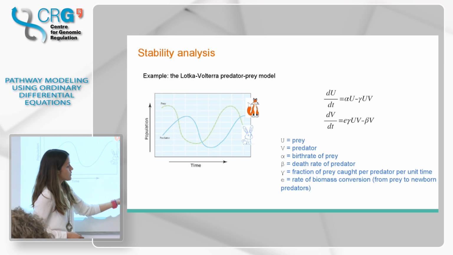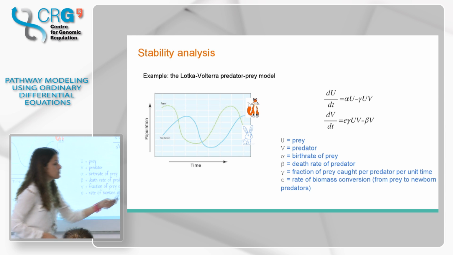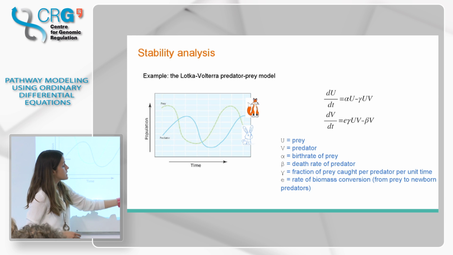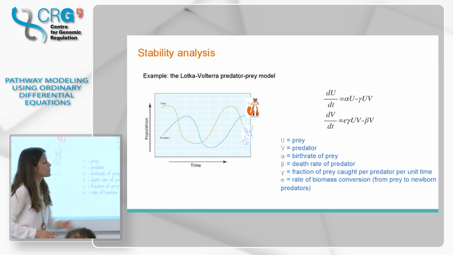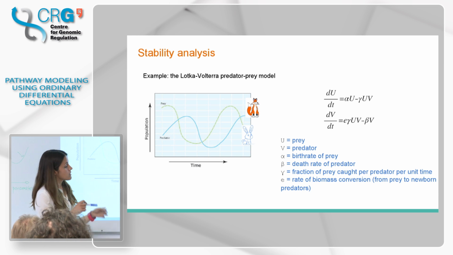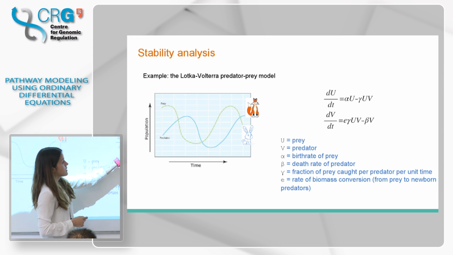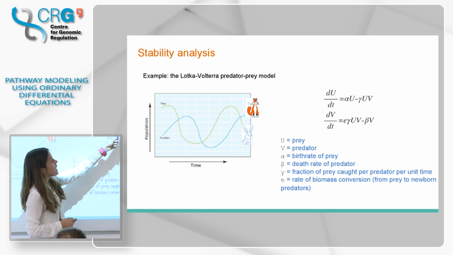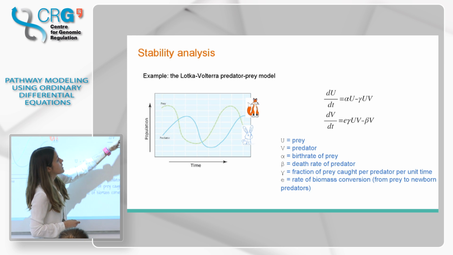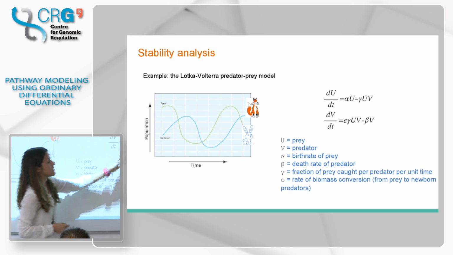Gamma is the fraction of prey that's caught per predator per unit time, and epsilon is the rate of biomass conversion from prey to new predators. So prey is eaten by the predators and turned into new predators, and the predators die somehow. And the prey are born, and they don't die unless they're eaten by the predators.